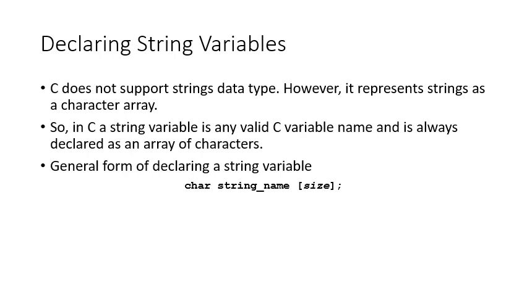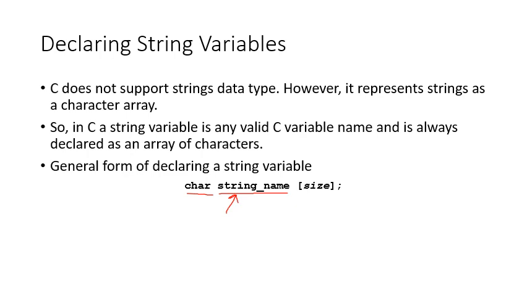The general form of declaring a string variable is shown here. The first thing is char, which represents that this array is of type character, and the second thing is the string name. You can give any name to this particular string array.